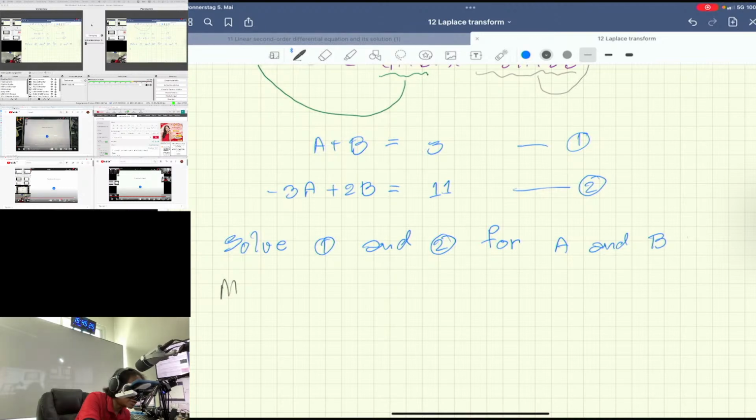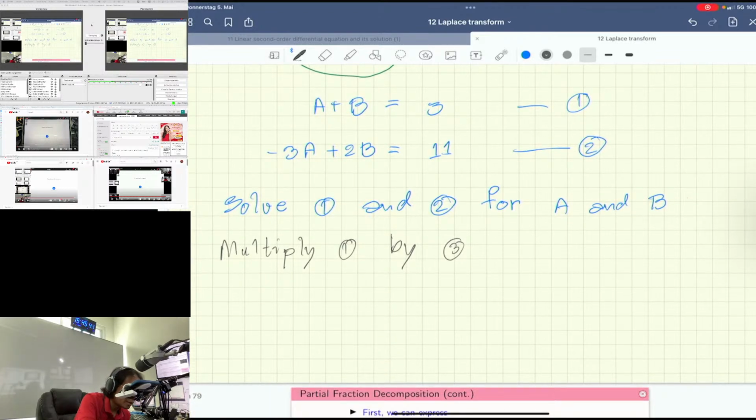Okay, let's multiply equation number 1 by 3. Once you multiply 1 by 3, you get 3a plus 3b equal to 9, right? That's equation number 3.